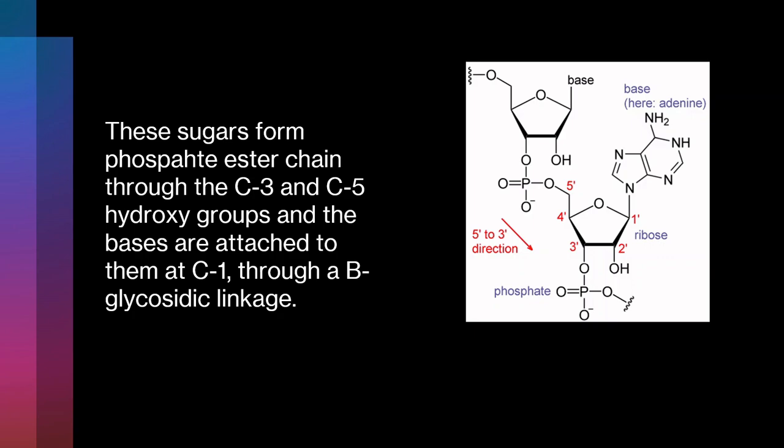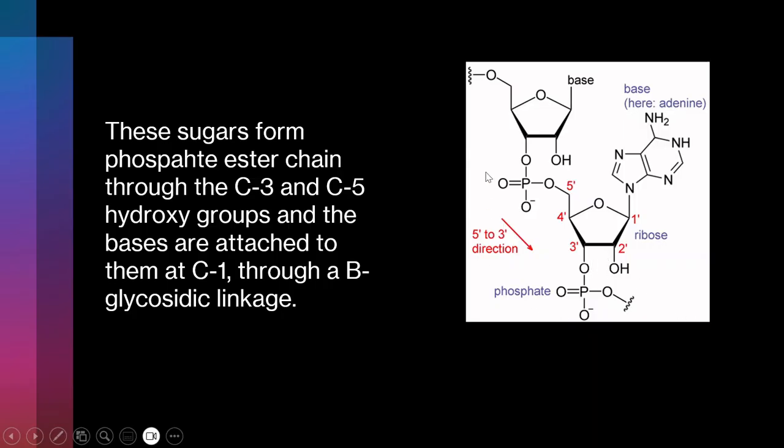Now, we have a basic idea about the structure of the sugars, and these sugars form phosphate esters through the C3 and C5 hydroxy groups. C3 and C5 carbons form the phosphate ester linkages, and the nitrogenous bases are attached to C1 through a beta glycosidic linkage, meaning a C-N linkage.